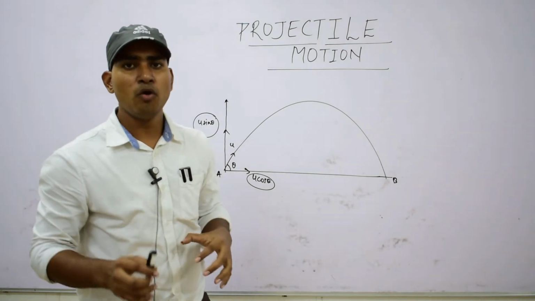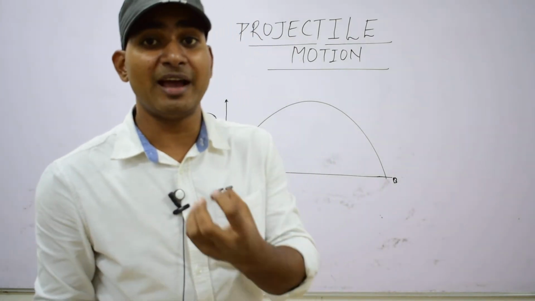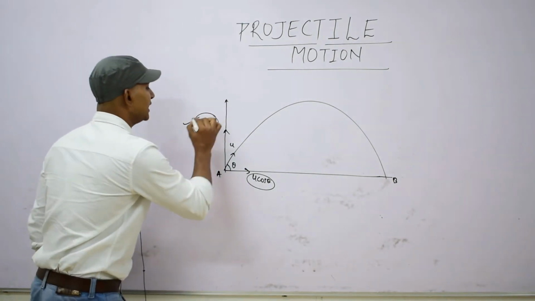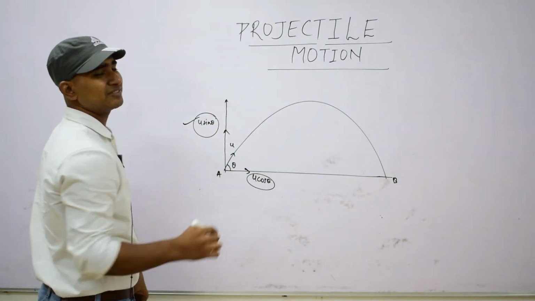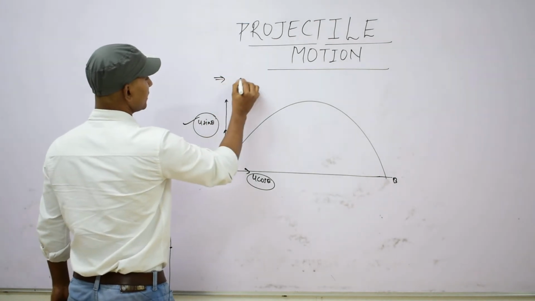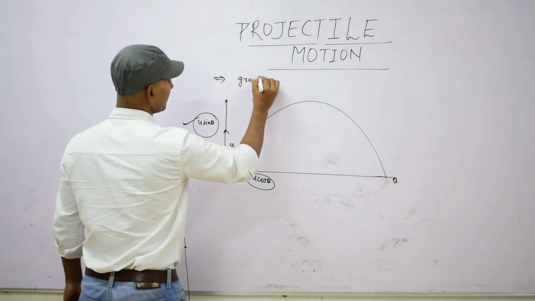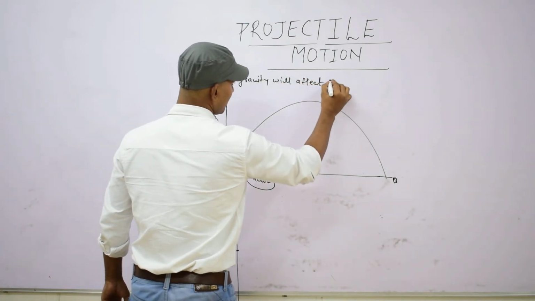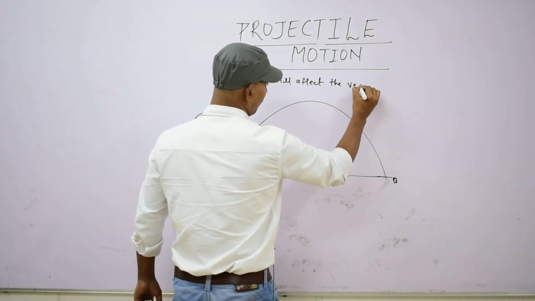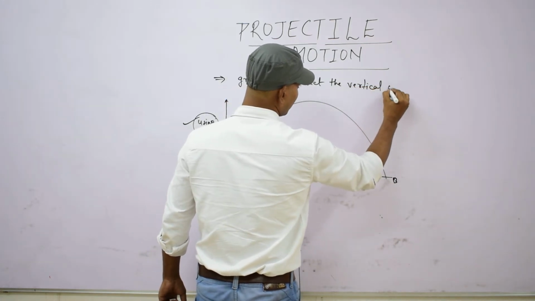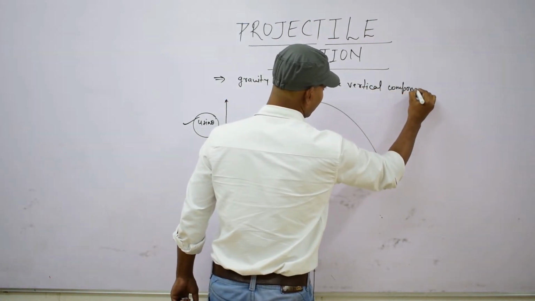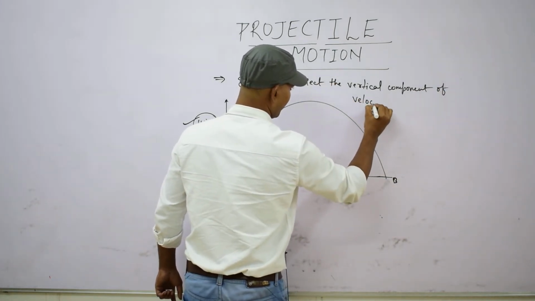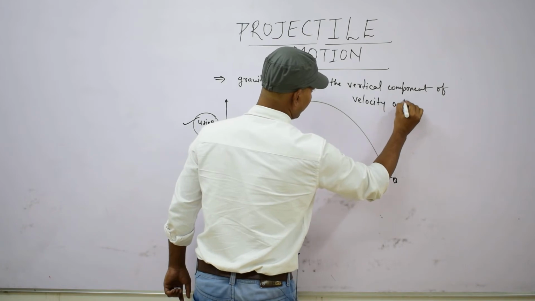Now there is a role of gravity which we have to understand. Gravity will affect the u sin theta, the vertical component. This is a very important point, that gravity will affect the vertical component of velocity only.